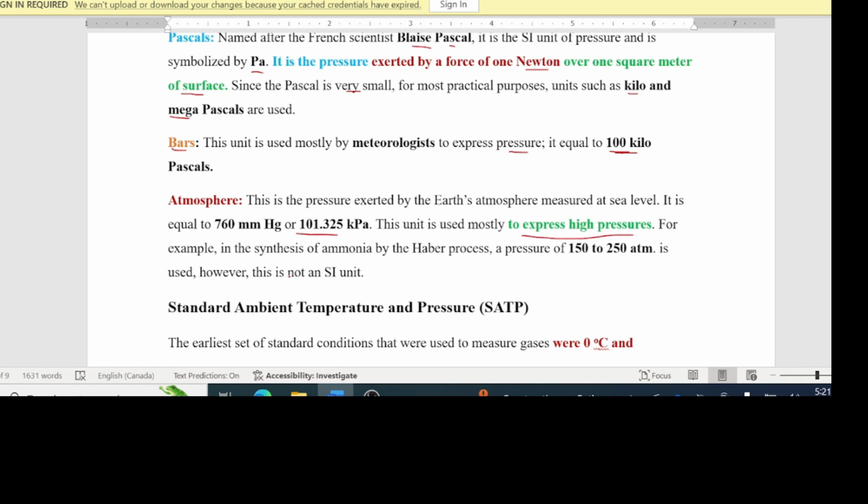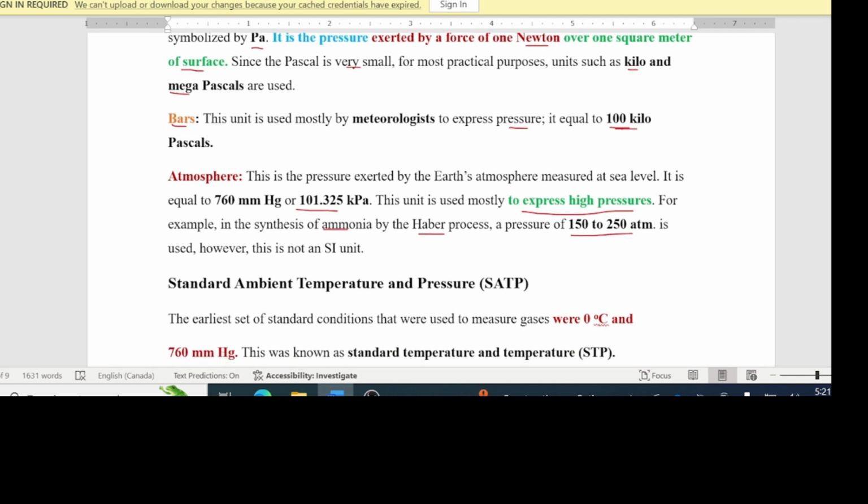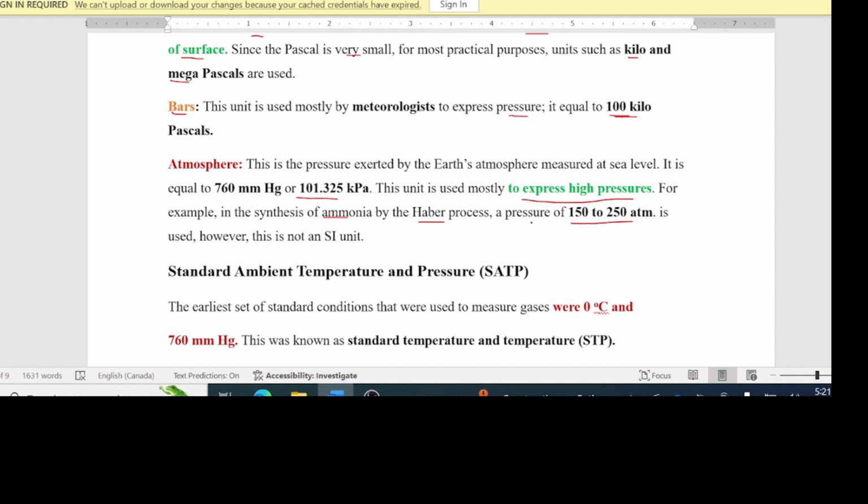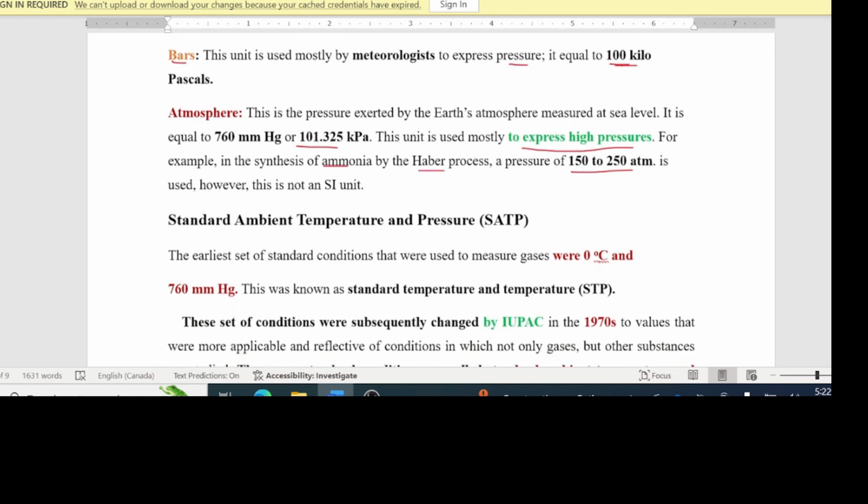For example, in the Haber-Bosch process by which ammonia is synthesized, they use 152 to 200 atmospheres of pressure to pressurize hydrogen and nitrogen gas together so that they react. Remember, nitrogen is very stable, triple bonded. That's why you have to use very high temperature and pressure to combine it with hydrogen to make ammonia.